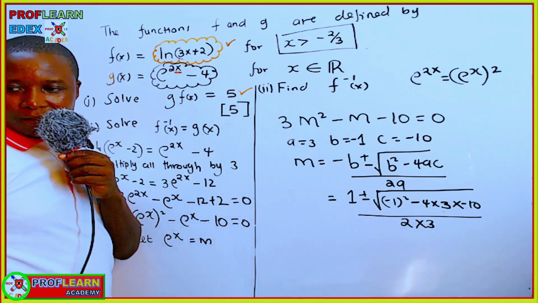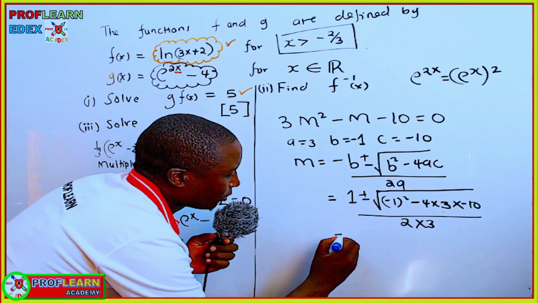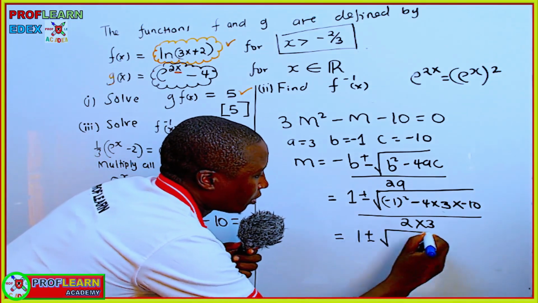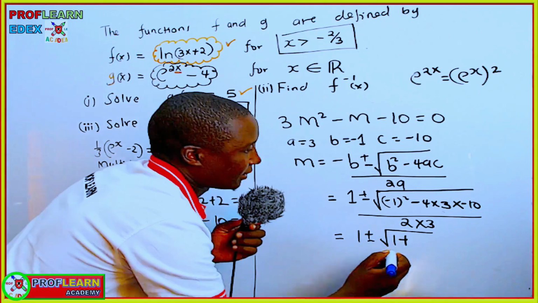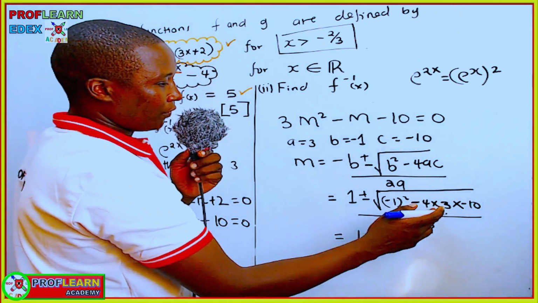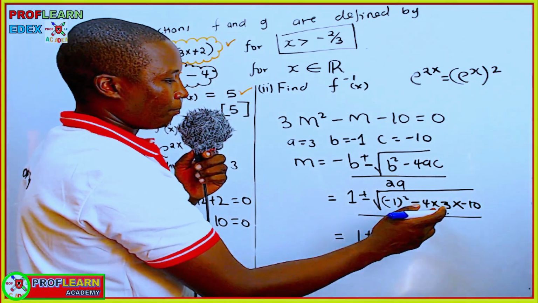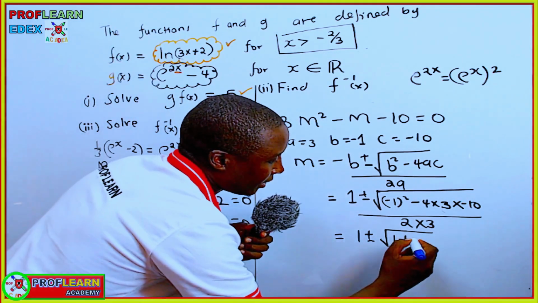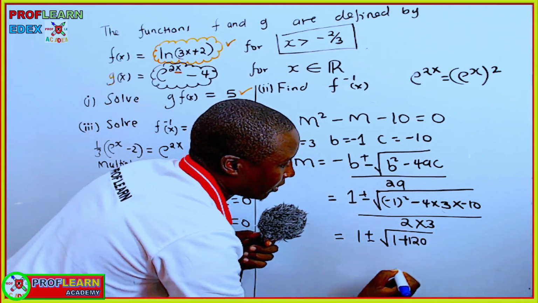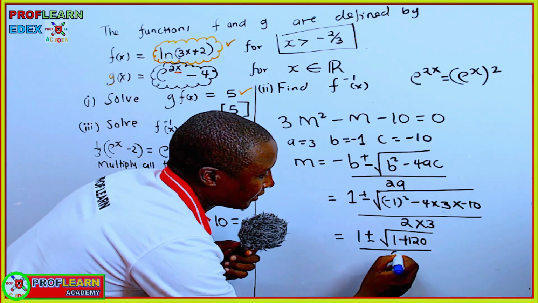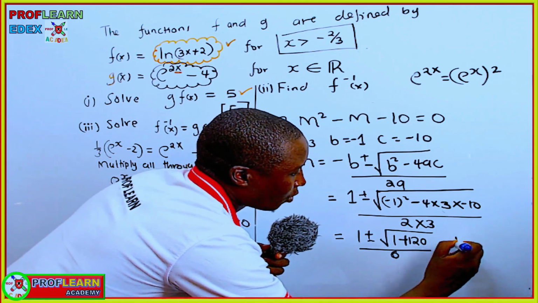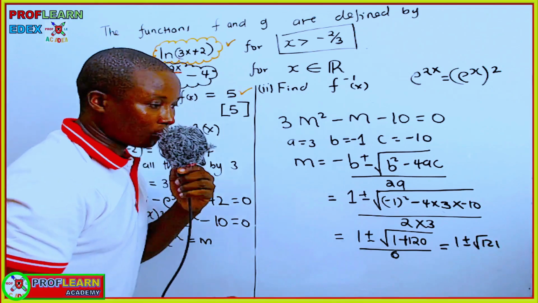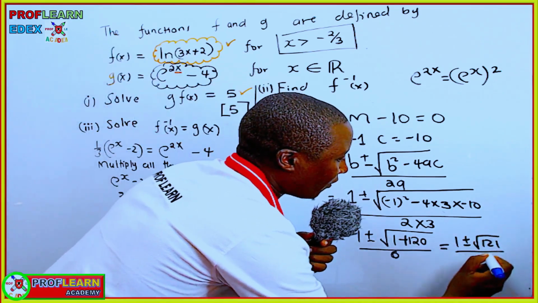So I'm going to have 1 plus or minus the square root of 1 plus 12 times 10, that is 120. Then we add that 120 there, divided by 6. So that means it's 1 plus or minus the square root of 121 over 6.